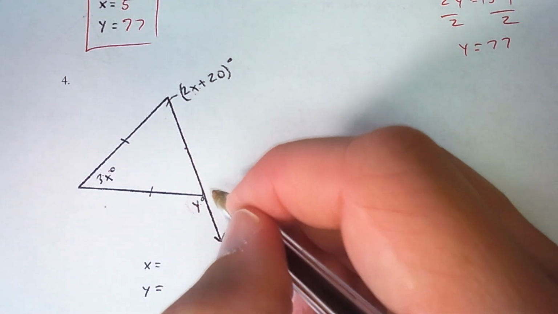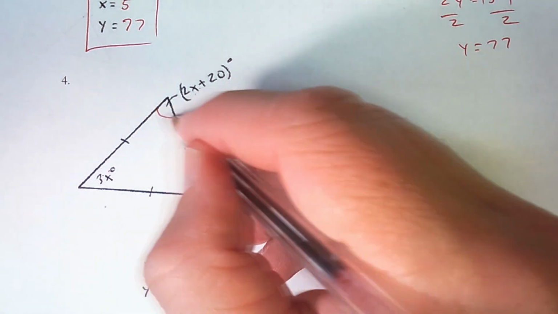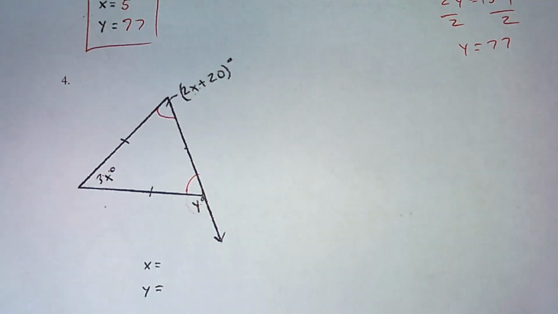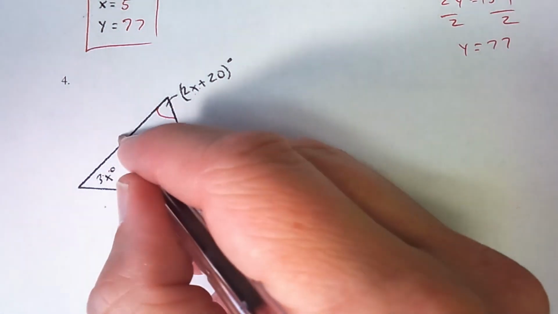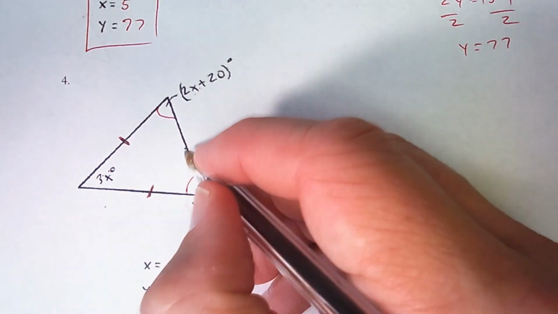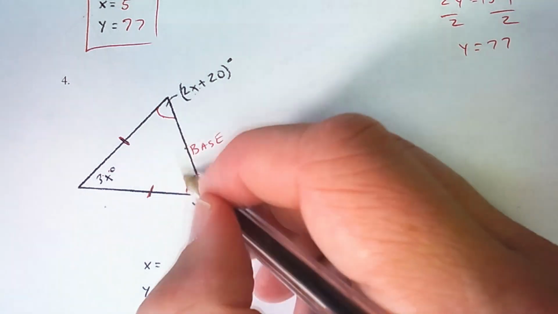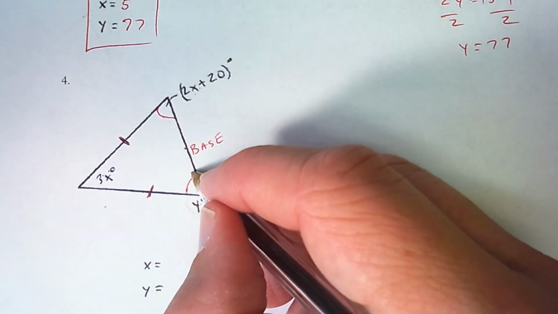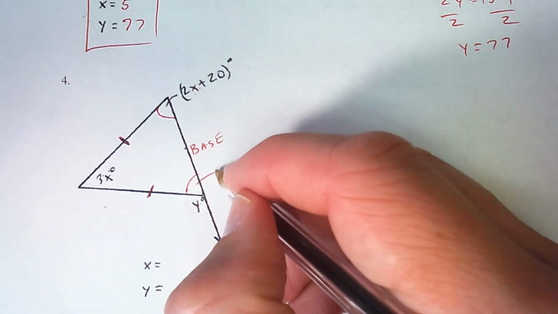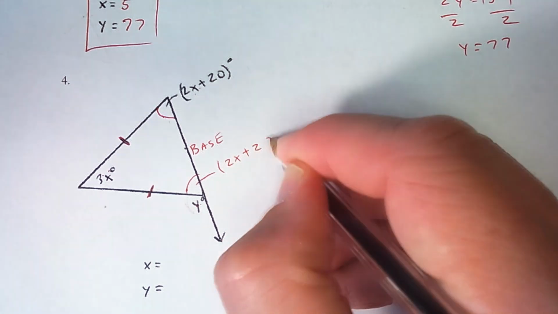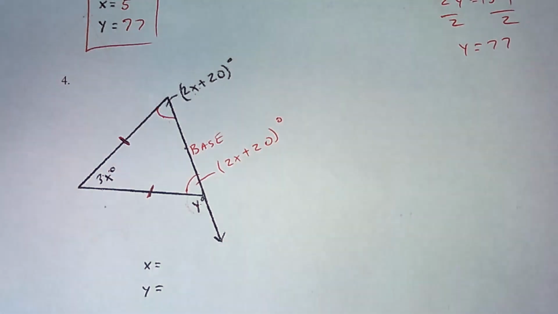These two angles right here are congruent to each other, because this is isosceles. This over here is the base. The base angles are congruent. So I know that this angle right here is the same as 2x plus 20 degrees.